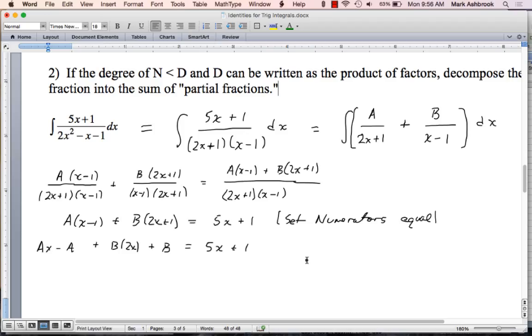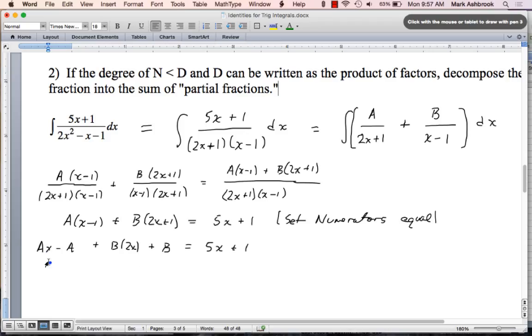We're going to do this one power of x at a time. So what's the highest power of x in this equation? The highest power of x is x to the first. So that means ax plus b times 2x has to equal 5x.